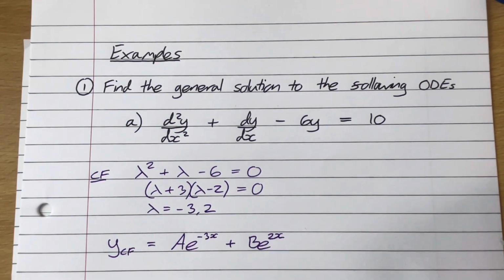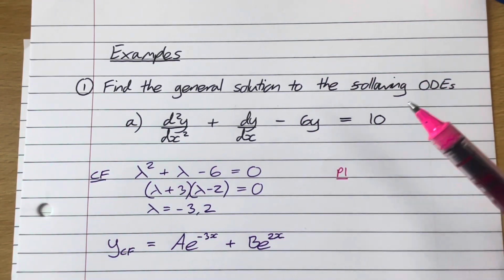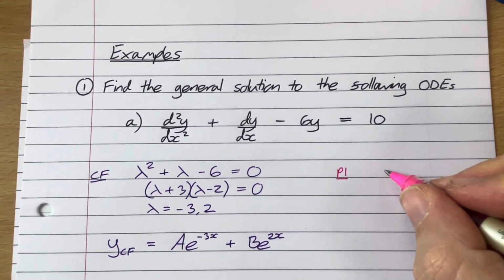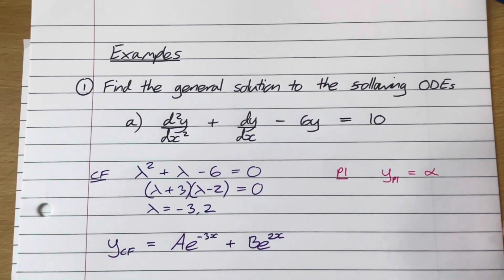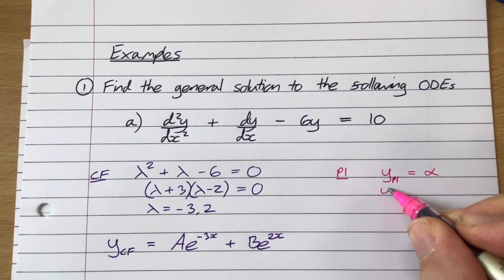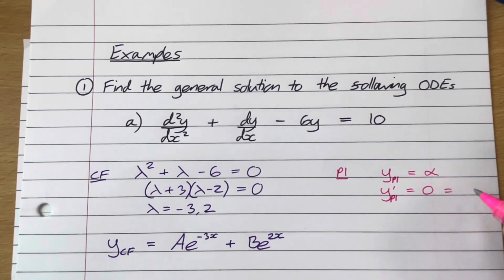And now for my particular integral. I'm looking at my f of x now, and I'm seeing that this is a constant. Therefore, my particular integral trial, ypi, will be a constant I'm going to call alpha. I need the first and second derivatives to put into my differential equation. So ypi primed is 0, and in this case, that just happens to be the same as my second derivative as well.